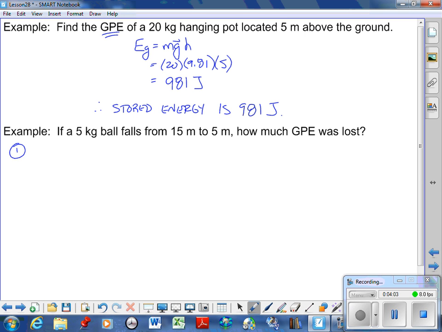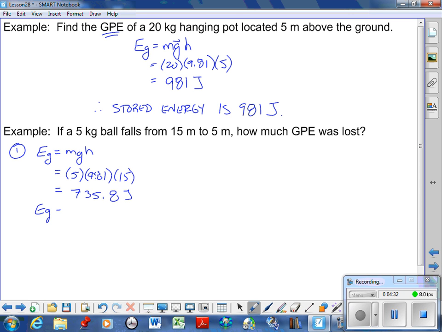First, we calculate the gravitational potential energy at 15 meters. The mass is 5 times 9.81 times 15. That tells us how much energy it had at that height: 735.8 joules.